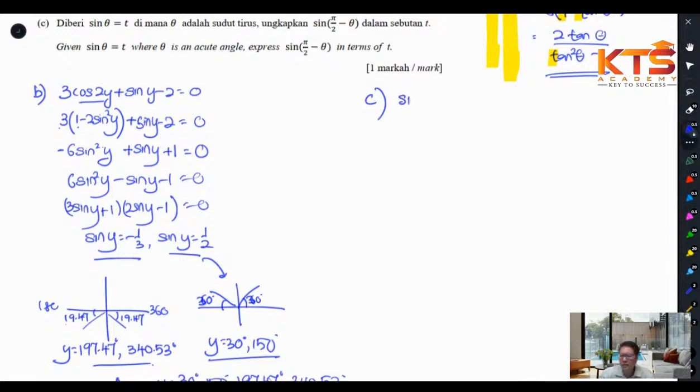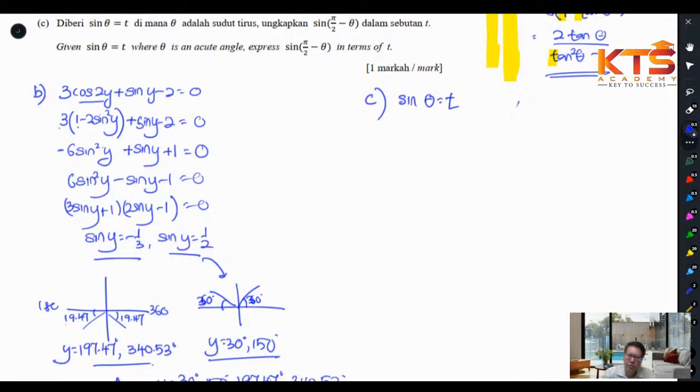Sine theta equals to T. Express this in terms of T: sine of pi over 2 minus theta. 1 mark only. Why like that? But my working is longer, bo.